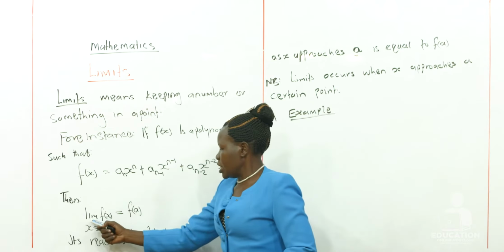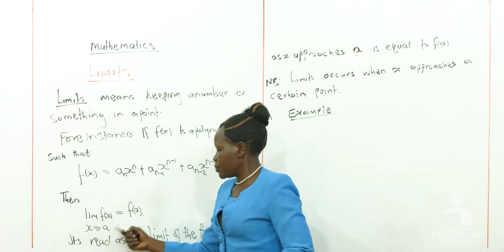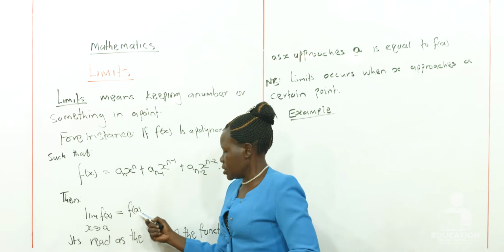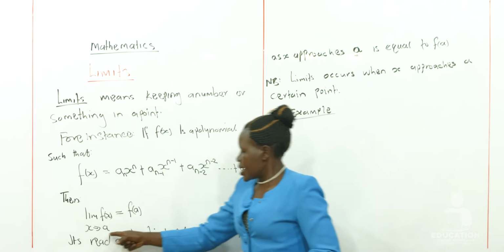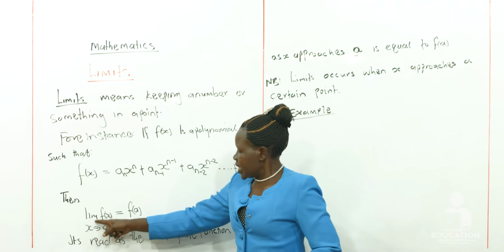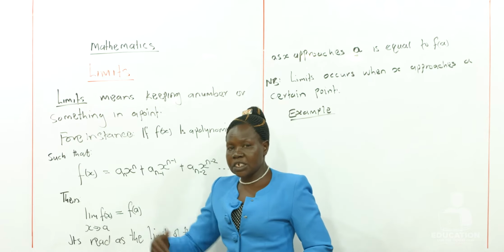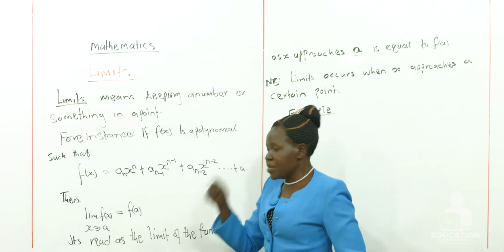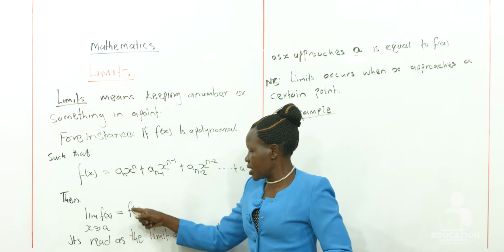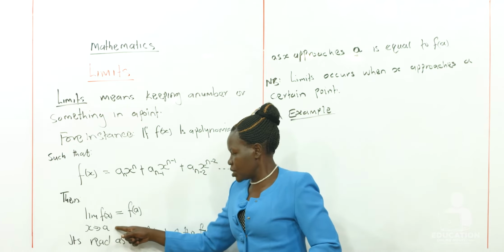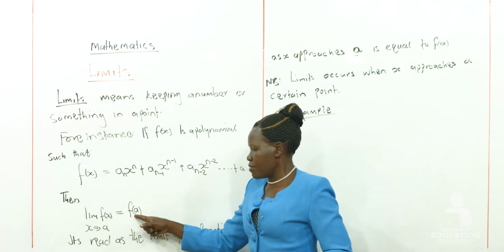So we say the limit of a function f, when x approaches a, will be f(a), meaning that when x is approaching a, there will be a change in the function f. So when x is approaching a, the limit of f(x) equals f(a).